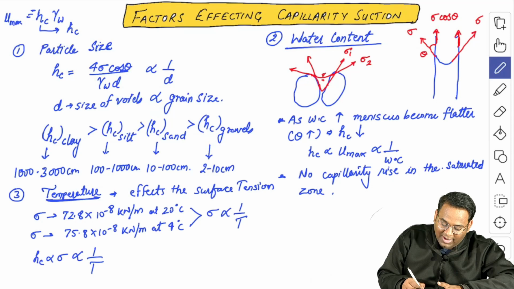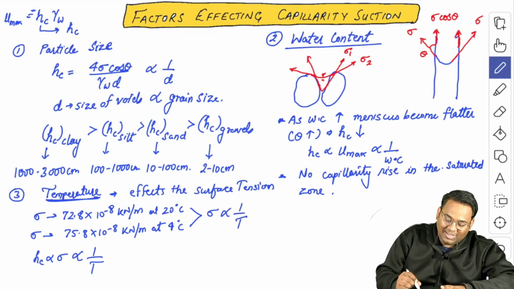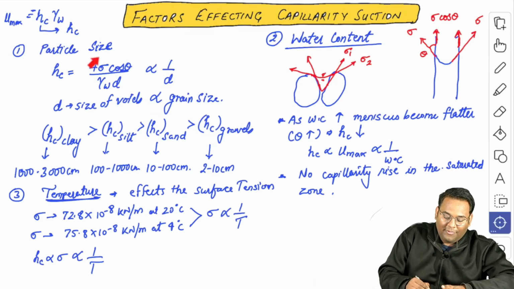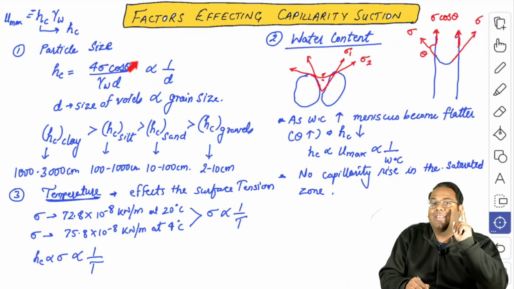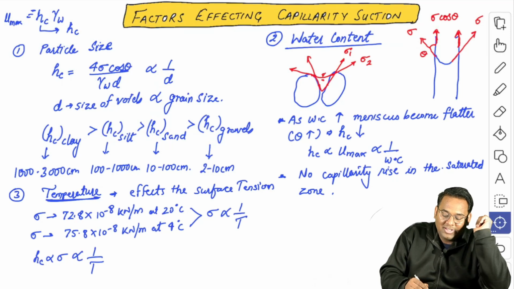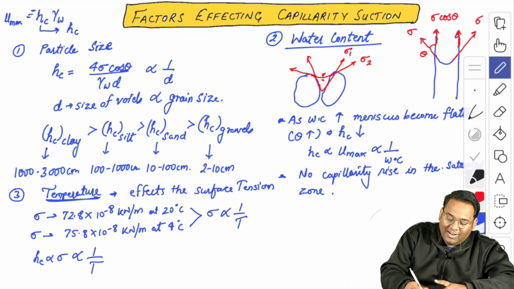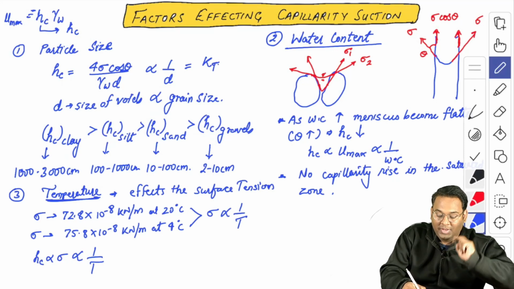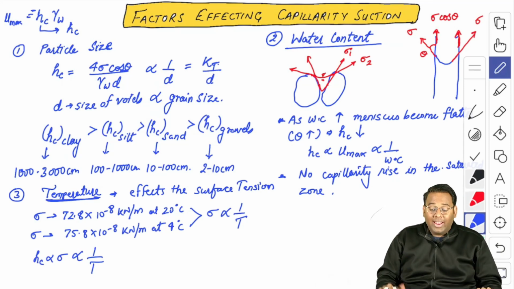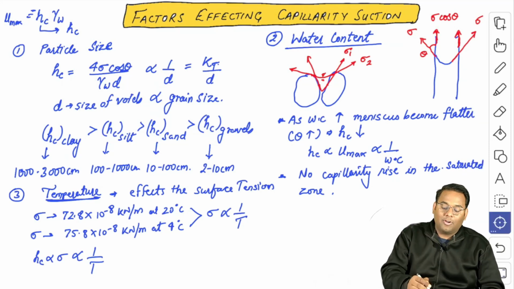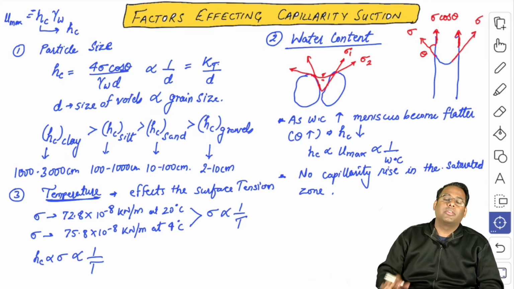And yes, the formula of HC is this. If I take the value of theta, the contact angle, as 0 degree for water, you can directly see that this will be a function of temperature divided by small d. Why? Because if the temperature is constant, then the value of sigma will be constant, theta is 0 degree for water, and gamma w is also constant for a particular temperature.